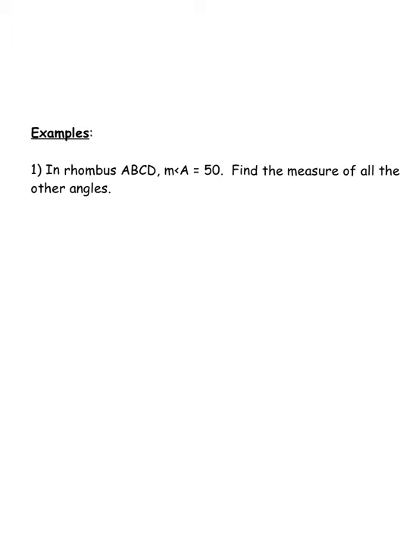So if we look at the first example, it says in rhombus ABCD. I would stop right there and draw myself a rhombus to the best of your ability. Again, when we're labeling, we have to label in a circle, so ABCD. It says the measure of angle A is 50, so we're going to put a 50 there. It says find the measure of all the other angles.